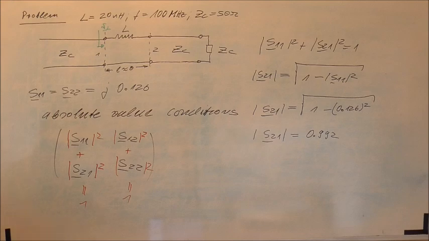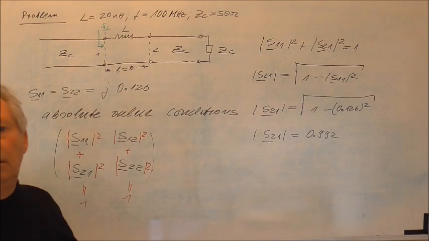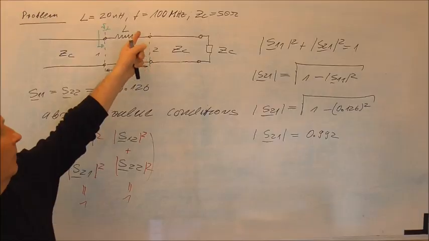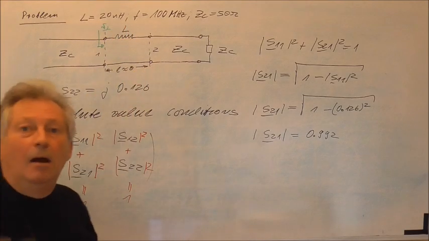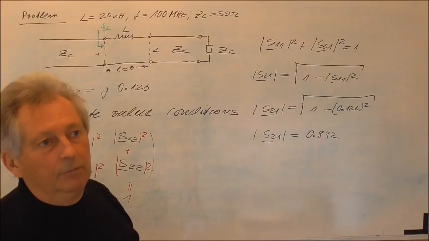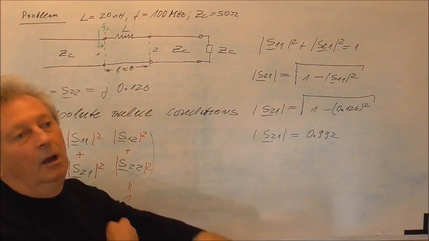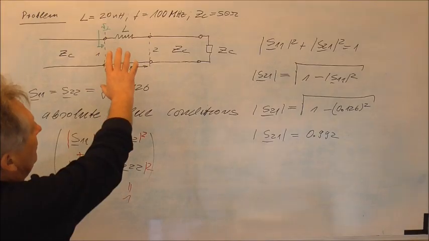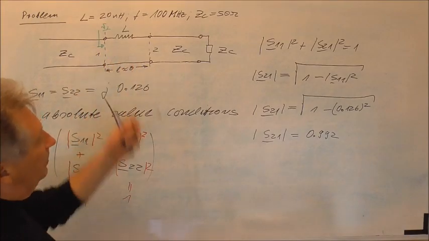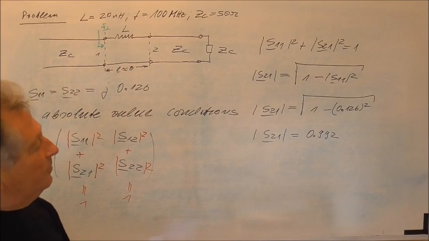And of course, you see here, there are two things. I told you in the videos, as soon as I have a passive two-port, which means there are no elements like transistors in it, then the passive two-port is always reciprocal.